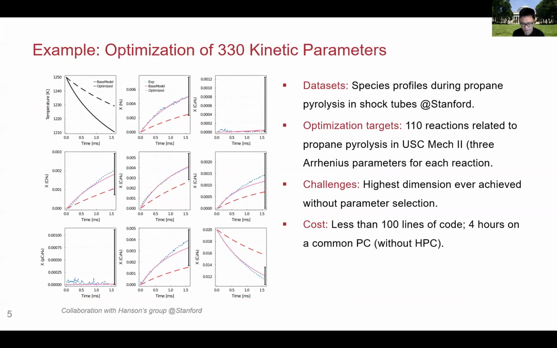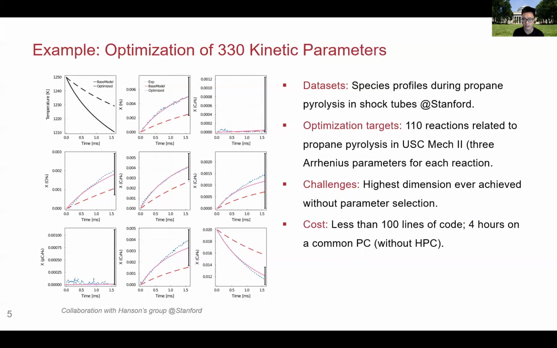Before jumping into the details, let's see an example of optimizing more than 300 kinetic parameters using differentiable programming. It's working with the propane pyrolysis data from shock tubes, and it involves more than 100 reactions, where each reaction has 3 parameters to optimize.